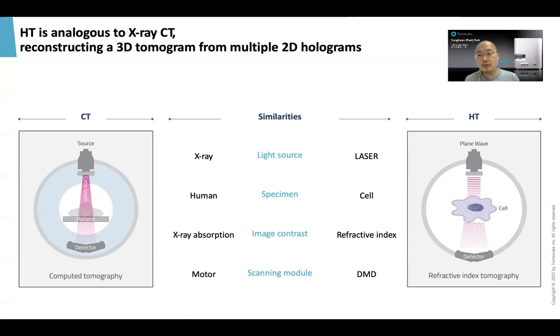Refractive index determines the speed of light in a medium. So if you have a higher refractive index, the speed of light will be decreased, and that is the intrinsic optical contrast in HT. The realizations of X-ray CT and HT have been demonstrated by different methods by different groups.